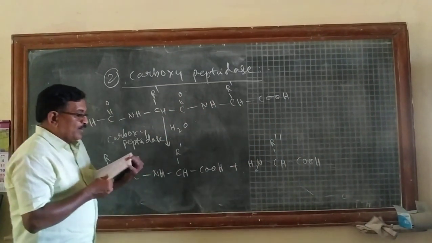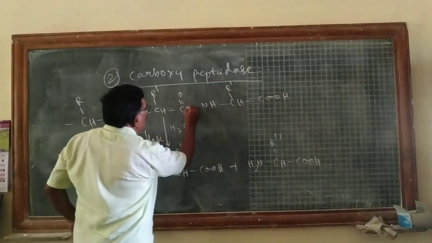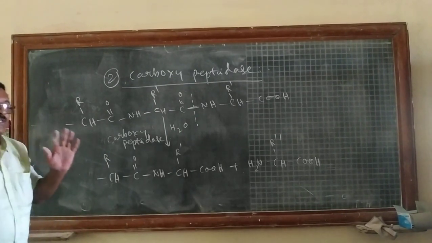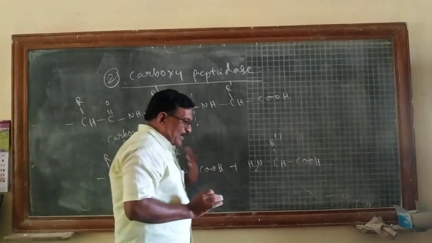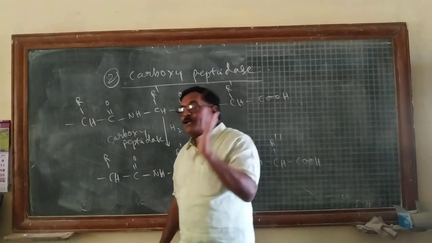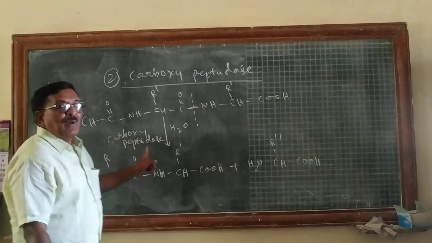So here what happens is at the C double bond O, NH. So this is totally carboxypeptidase. This is a metalloenzyme, and it contains a metal atom. Here this molecule undergoes the carboxypeptidase reaction.